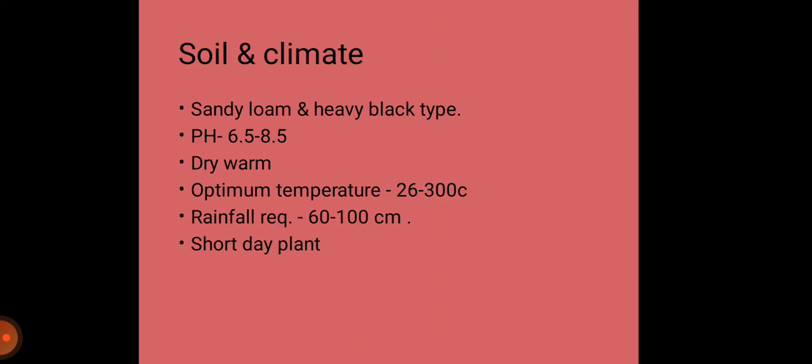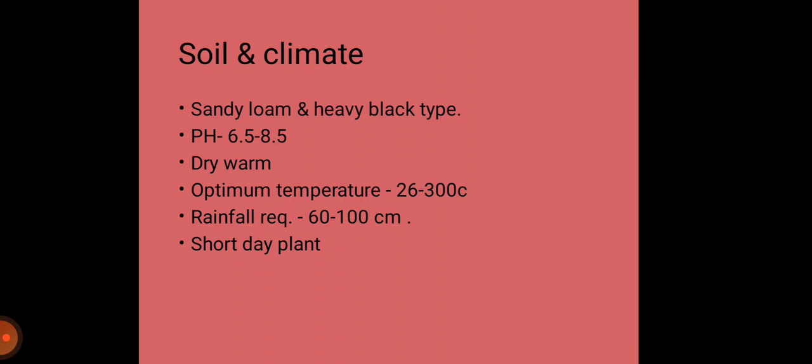Then we discuss the soil and climatic requirements. Sandy loam and heavy black soil are important for sorghum cultivation. A pH range of 6.5 to 8.5, slightly alkaline or saline pH, is suitable for sorghum growing.